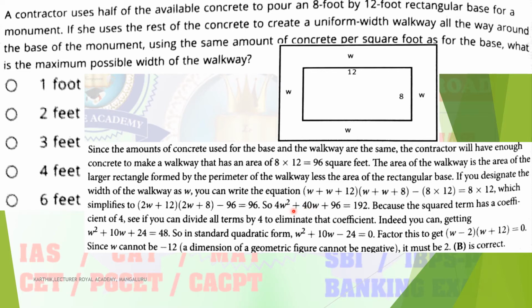That is 4w square plus 40w plus 96 is equal to 196. After simplification you will get w square plus 10w minus 24 is equal to 0. While factoring you will get w minus 2 and w plus 12 is equal to 0. So from this you will get w is equal to 2.